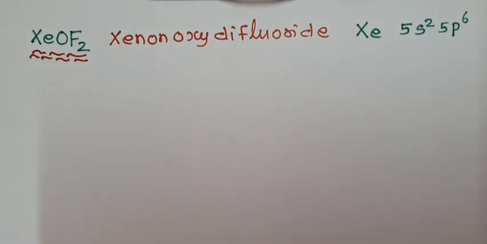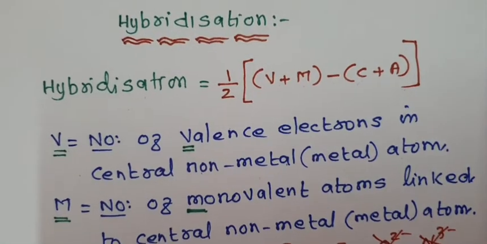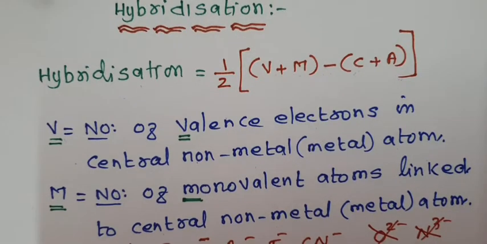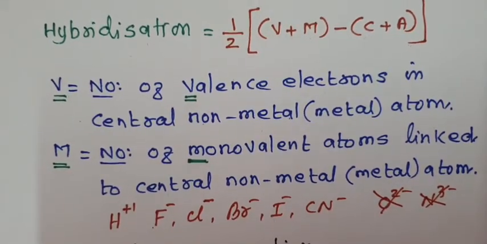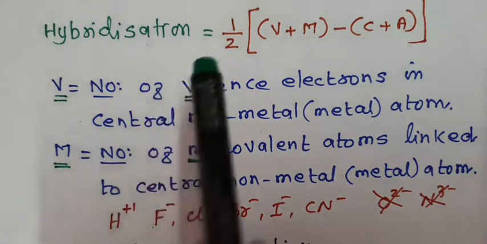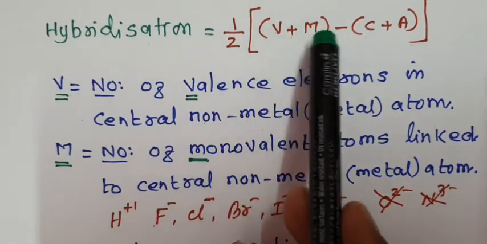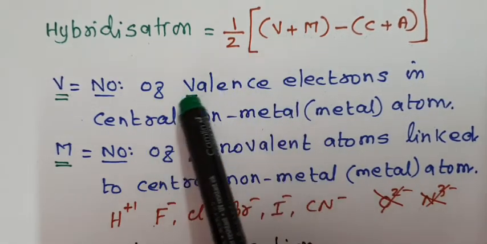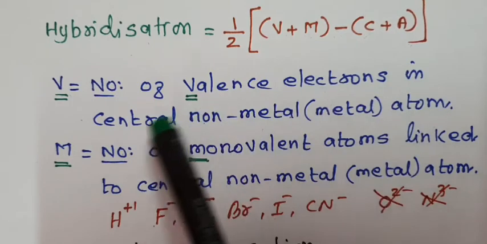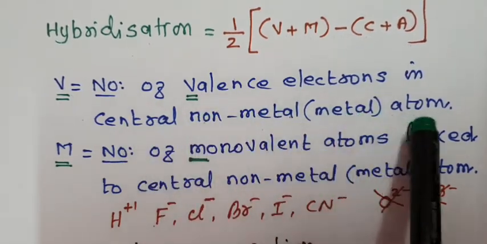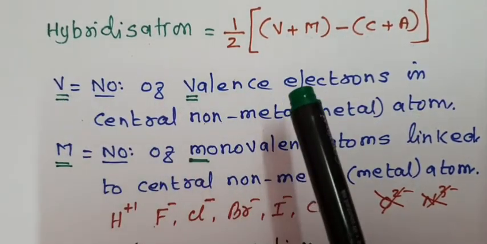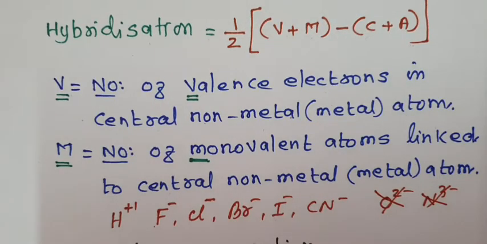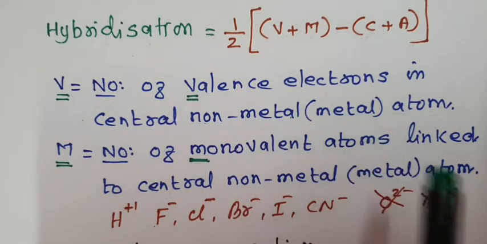Before entering into our discussion, now I give one simple formula used to calculate the hybridization. Hybridization is 1 by 2 (V plus M minus C plus A). What is V? Number of valence electrons in the central non-metal or metal atom.